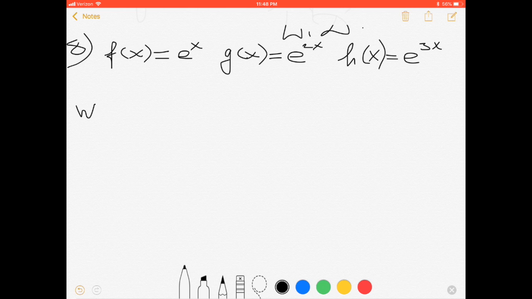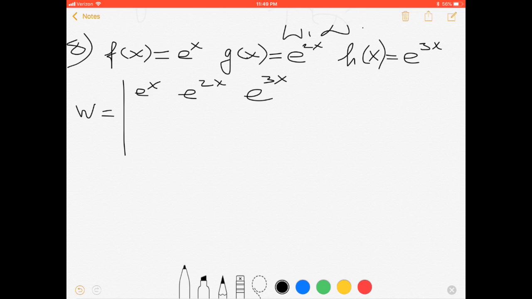Start building our Wronskian. As you remember, it is a determinant, where the first row is exactly your functions. Because it's three functions, this means you need 3 by 3.